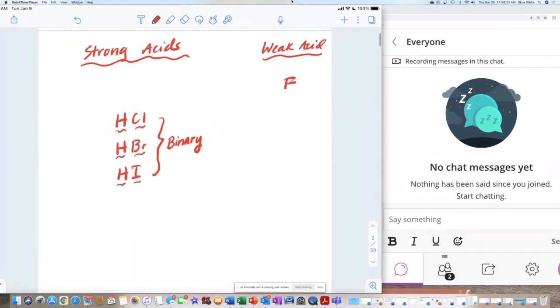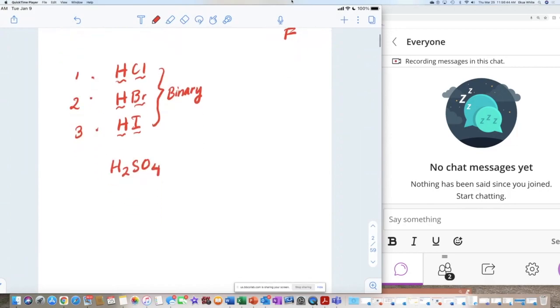And then for your 3 remaining strong acids, so remember there are 6 strong acids total. These are the first 3, 1, 2, 3. Let me write it that way. For the 3 remaining oxy acids, which are strong acids, we have these common ones, H2SO4. You can see it's oxy because you have more than 2 elements.